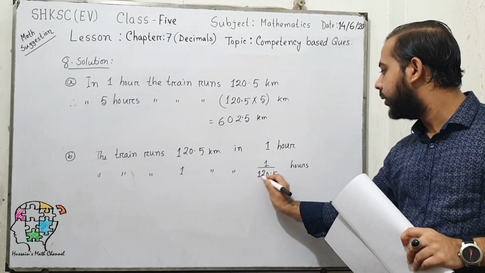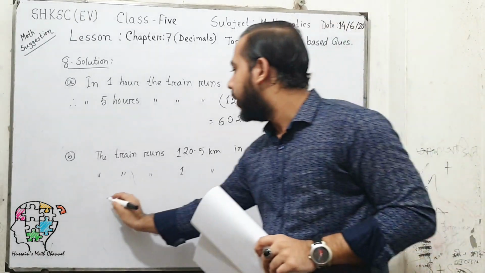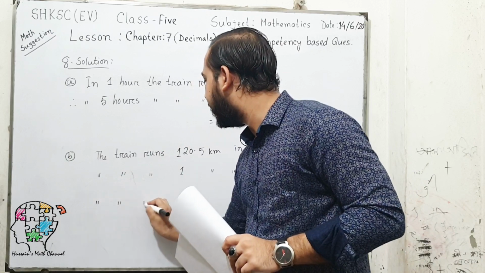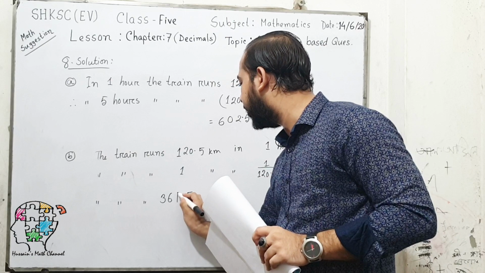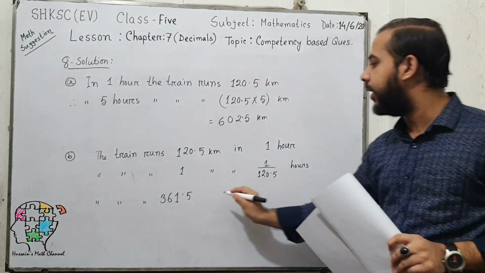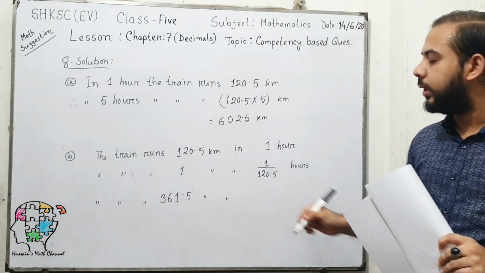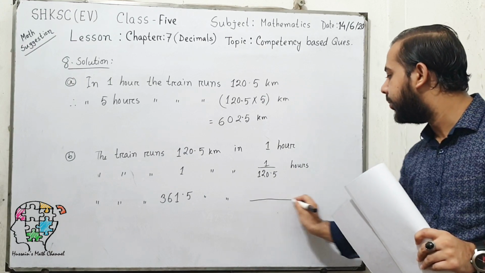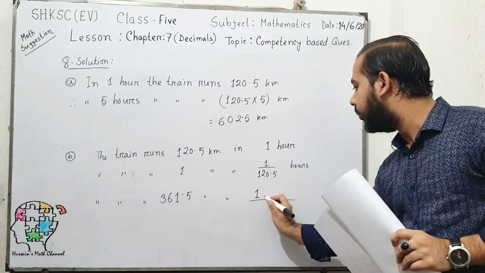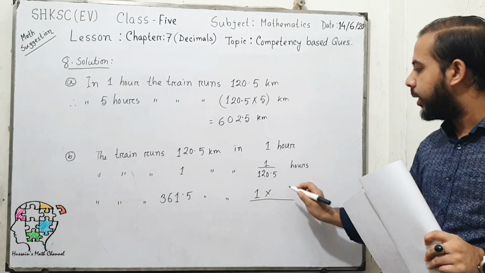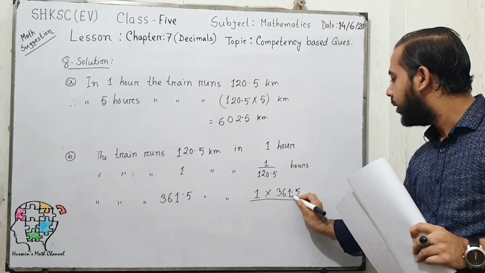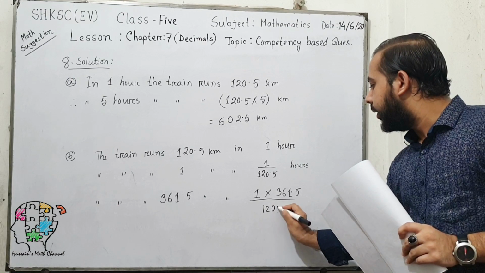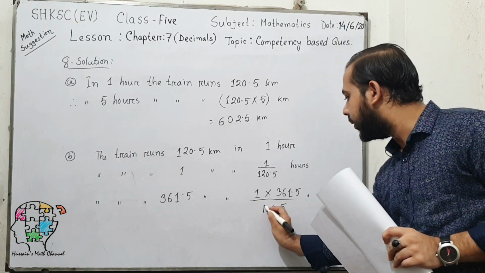Next, the train runs 361.5 km in, so it will take more hours, so we multiply with the numerator: 361.5 divided by 120.5 hours.